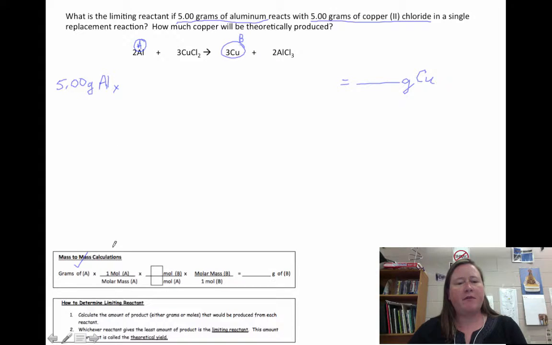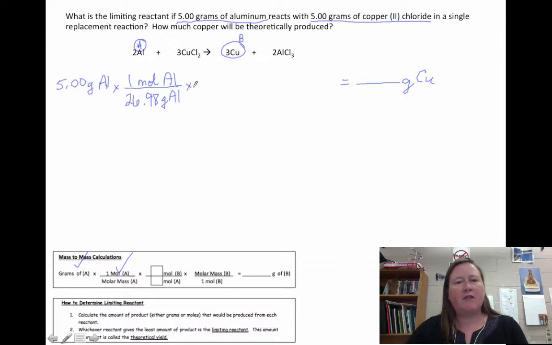The next step is to look at 1 mole of aluminum, since that's my substance A, and put its molar mass, and it is 26.98 grams of aluminum for every 1 mole. Okay, I've done that step.